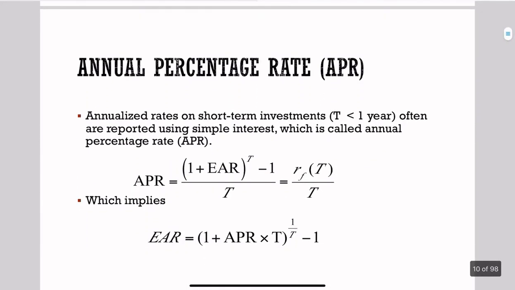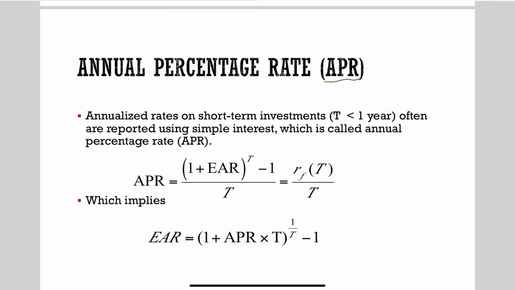Okay, another way to think about annual return is the annual percentage rate, or APR. This is a number used by banks. If you look at your credit card statement, generally the bank will tell you your APR is, for example, 22% per year.